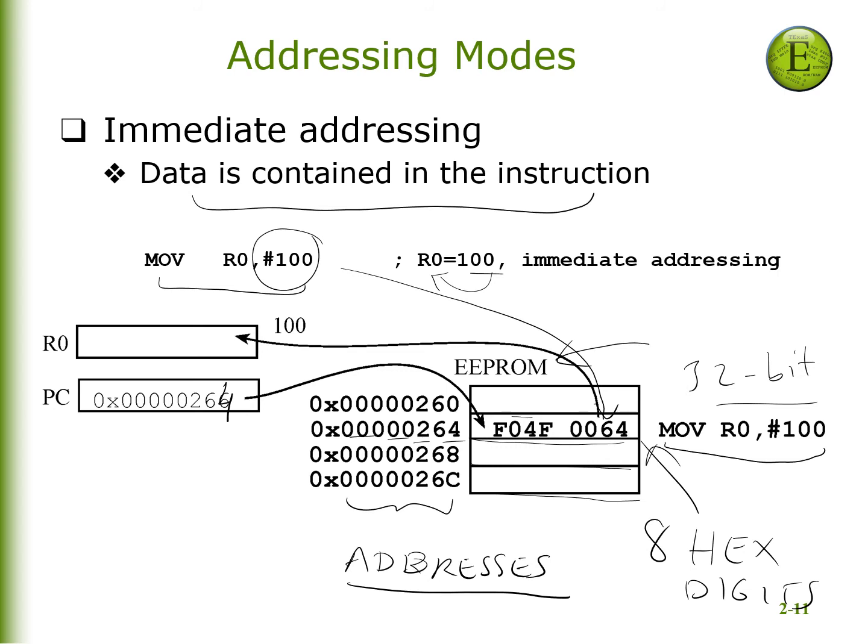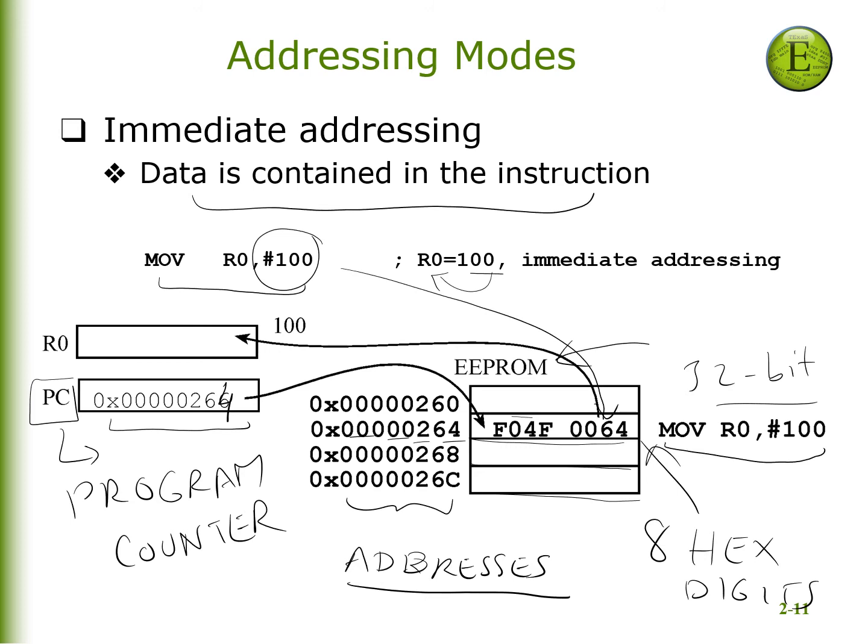This instruction is stored at an address that is hex 00000264. There is a register known as the program counter, PC, which is a very important register, and this register's contents are shown over here. That is the same as hex 00000264, which represents the address of the memory.